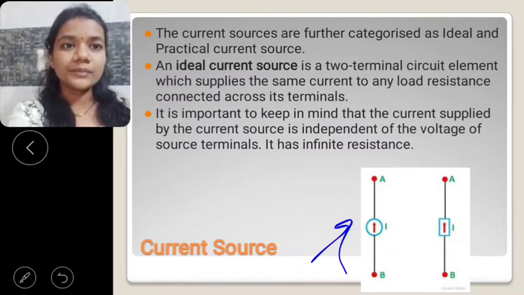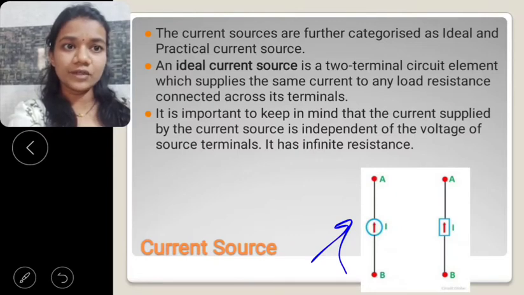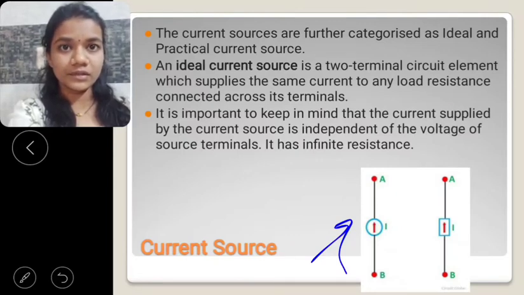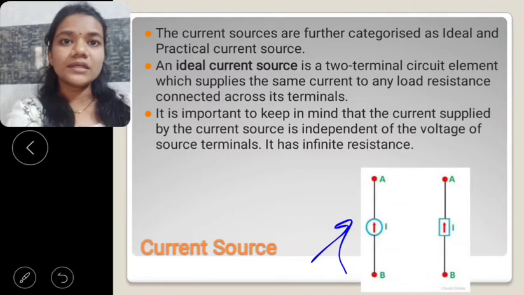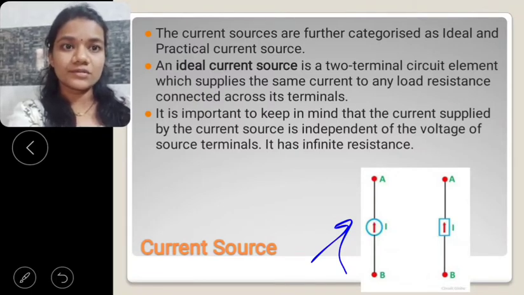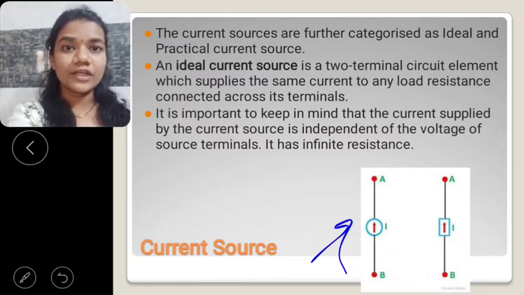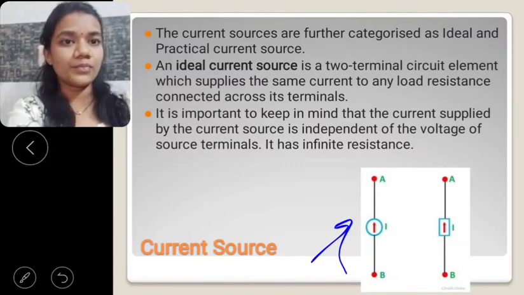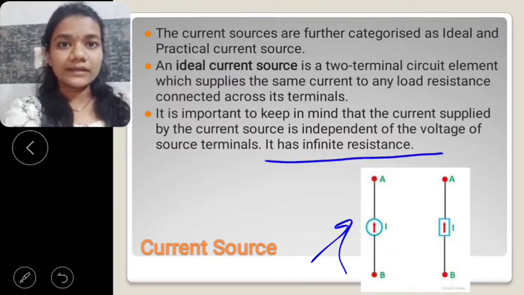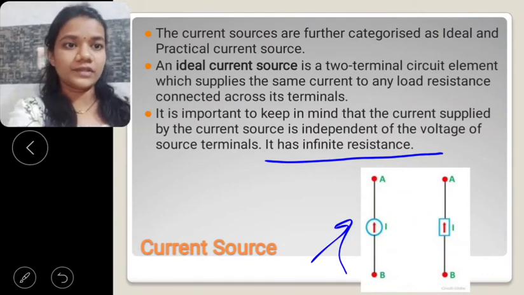It is important to keep in mind that the current supplied by the current source is independent of the voltage across its terminals. It has infinite resistance. This is important: an ideal current source has infinite resistance.